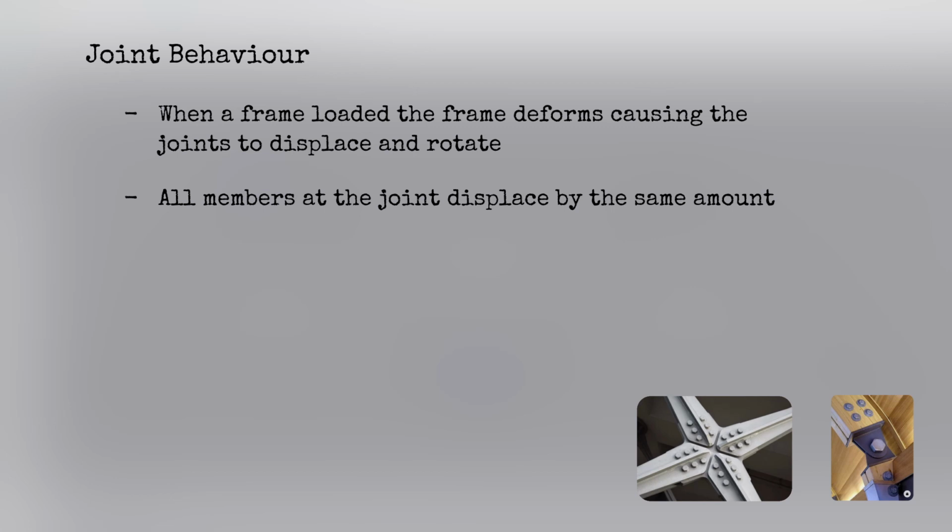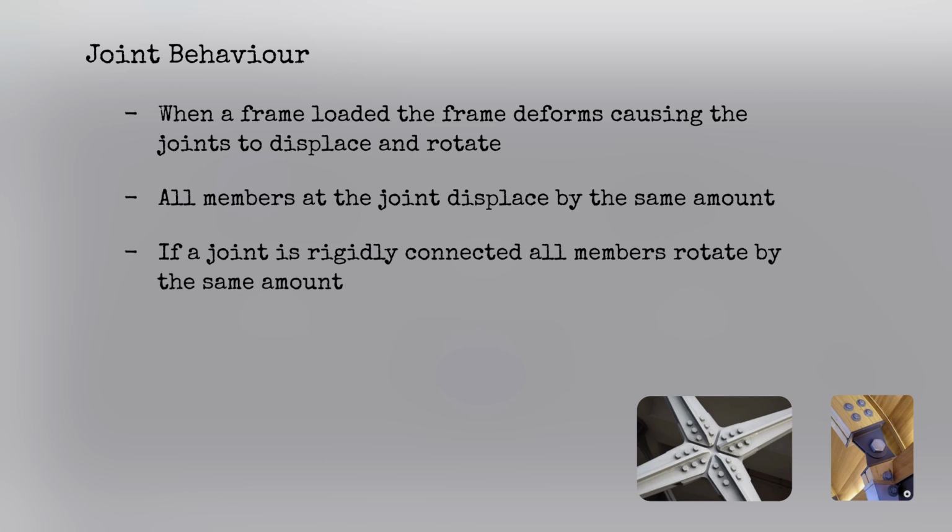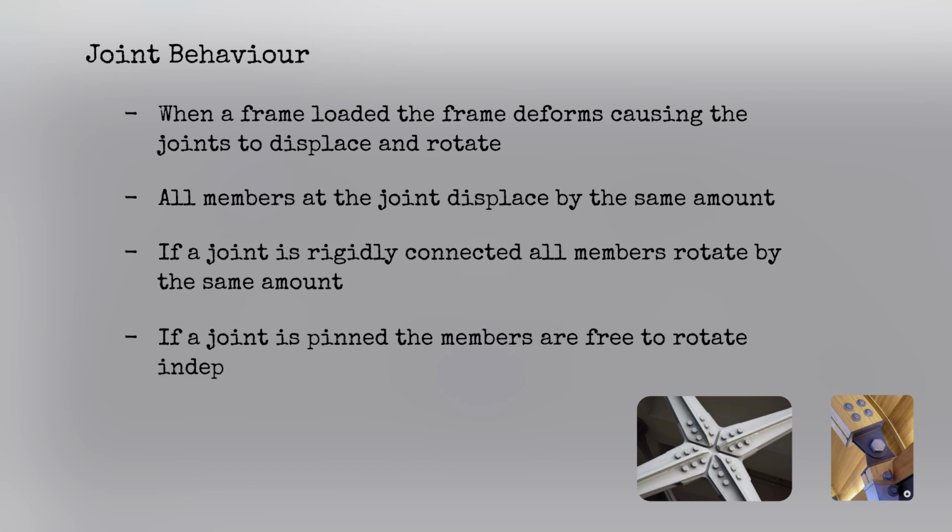The difference between rigidly connected and pinned joints is to do with joint rotation. If the joint is rigidly connected, all members rotate by the same amount. If the joint is pinned, all the members are free to rotate independently. Of course, joints containing a mixture of rigidly connected and pinned members are also possible.